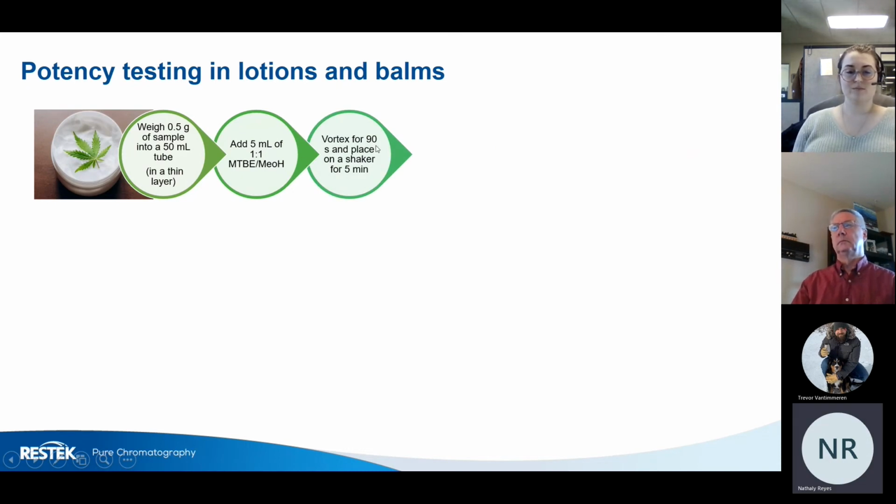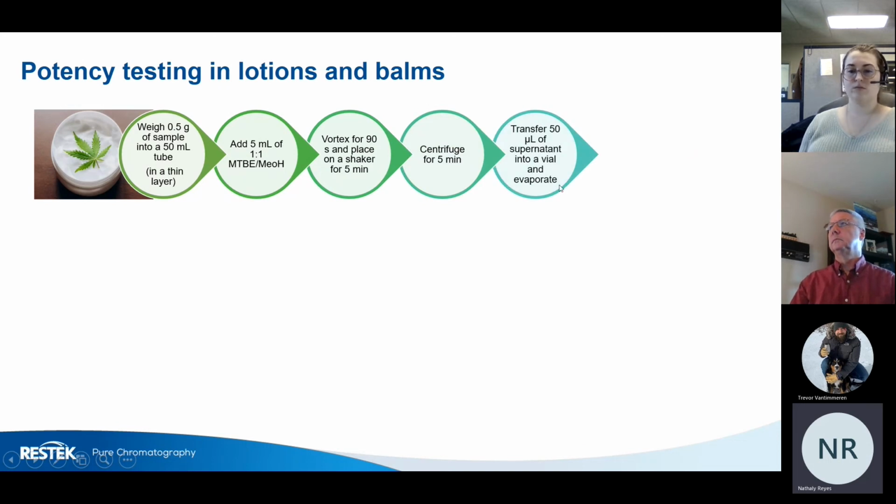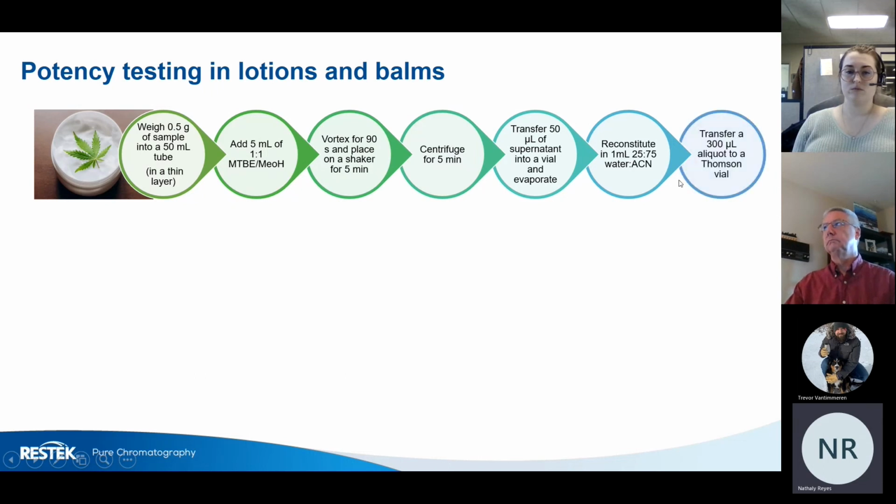And then after vortexing for 90 seconds and shaking this mix for about 5 minutes, the sample was centrifuged and 50 microliters of supernatant were transferred into a vial and evaporated. And then the sample was reconstituted with 25-75 water ACN. Then 300 microliters of this extract were transferred to a vial.